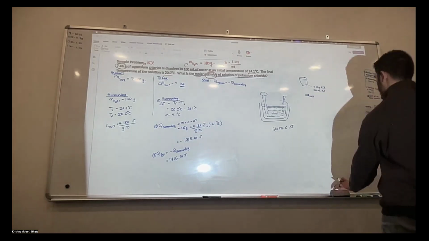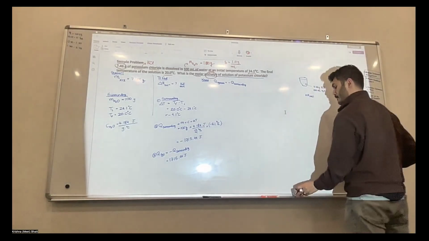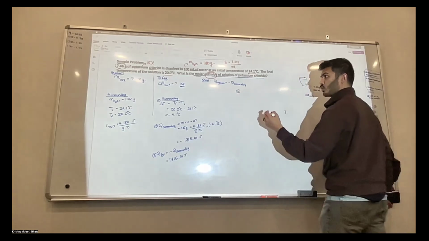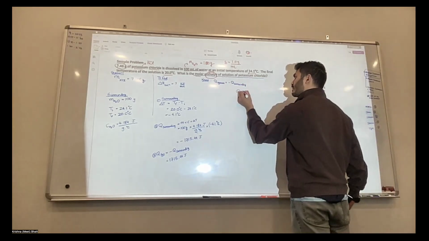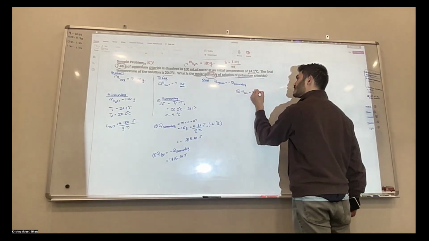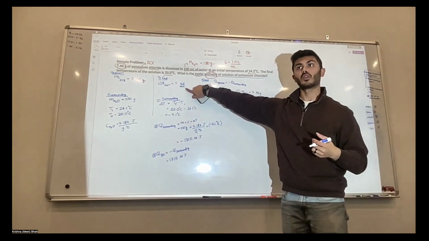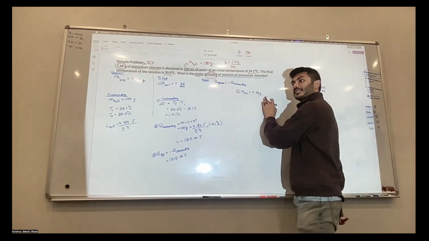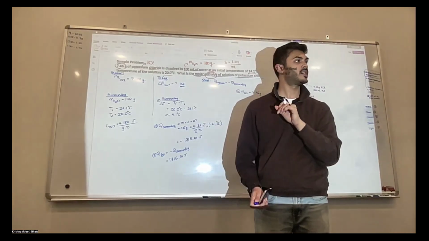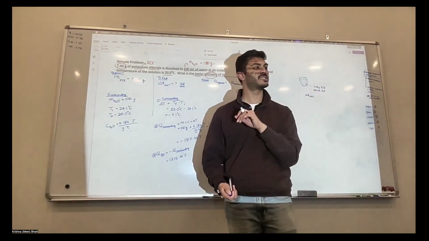I'm going to just erase this over here so I can get more space. This is number 4 now. What we know is the mass of KCl, which is equal to 7.46 grams, but we don't want mass. We want moles over here. I have mass, I want moles. What do I need? How do I go from mass to moles, guys?